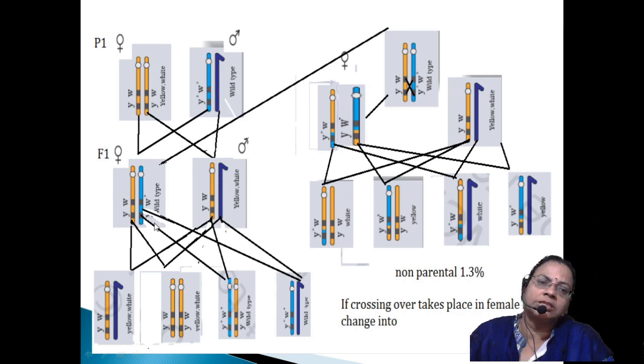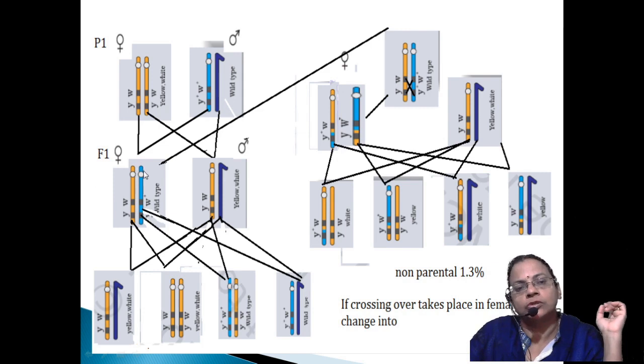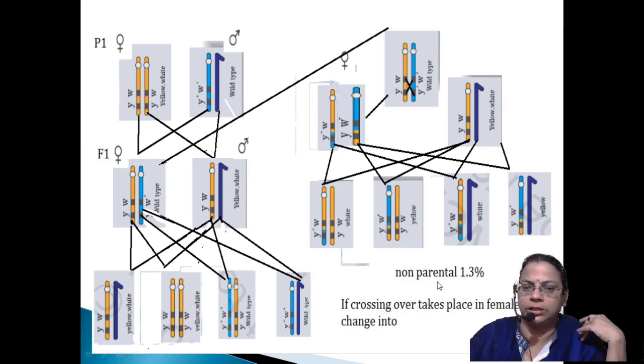But if there is exchange between the X chromosomes of the female, then the combination will vary from the parental generation. So this is one possibility, this is another possibility. The first possibility, without crossing over, in your textbook is on the extreme left side. And the possibility of crossing over, their gametic combination, is in that A part itself on the right side. So I have made this in this way to make it a little more clear.